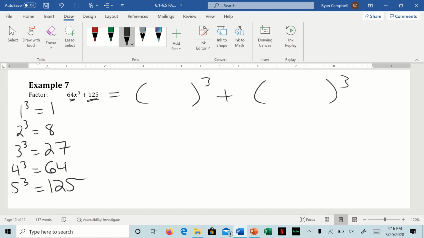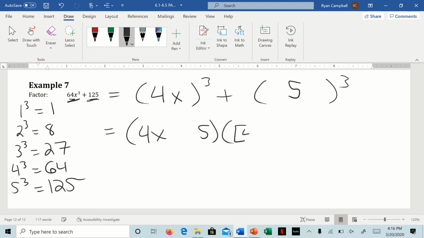But like we said, the thing that's being cubed for the first term is just 4x. For the second term is 5. So we have 4x, 5. Now the thing right here, the whole first term is being squared. So we're not just going to write 4x squared, because the 4 is also being squared. So 4x times 5, and then 5 squared.